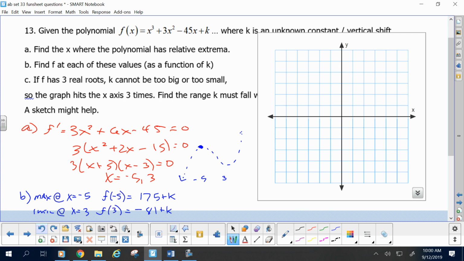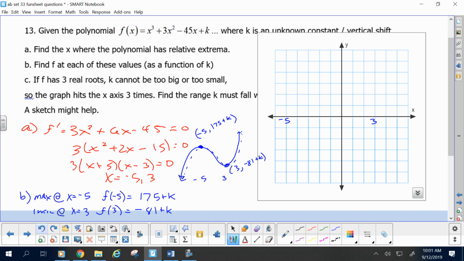So, this max, the point is, x is negative 5, the y is 175 plus k, and the min is x is 3, y is negative 81 plus k. All right, you tracking with me so far? Right now you might not know what the heck is going on, but do you agree k in essence affects the y-intercept and shifts it up and down? Okay? Are we cool?